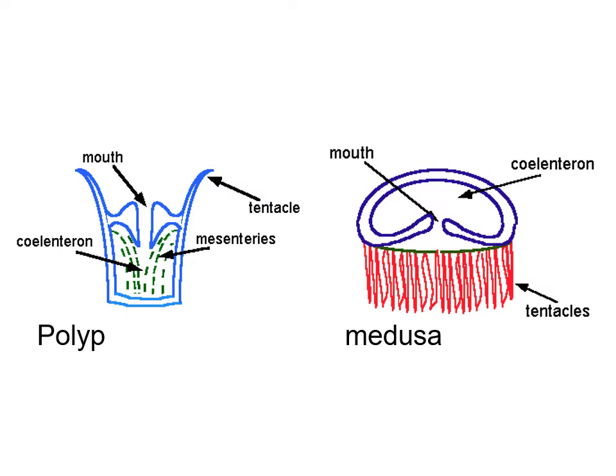Now, if you look at a medusoid cnidarian, something like a jellyfish, they're actually very similar, just flipped upside down. You still have tentacles ringing around a mouth, and you have this body cavity of a coelenteron. So they're very similar. In fact, some of our organisms here, at least on the polyp side, start out in a medusoid form and then during their ontogeny convert to a more stationary polyp.